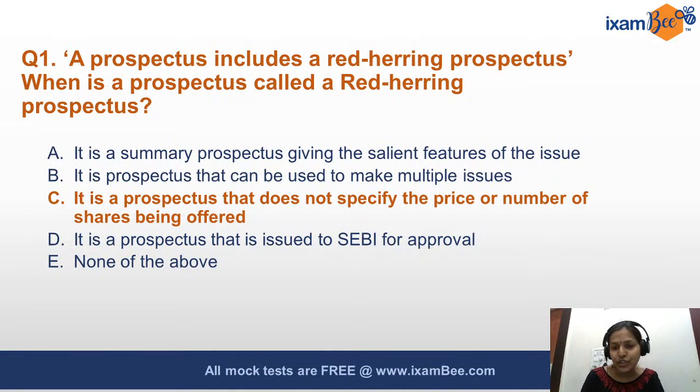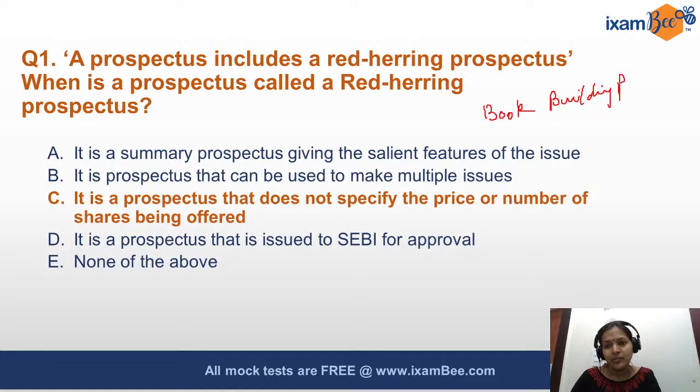If you hear the news of any IPO, a price band is given from this range to that range. You can apply. So that's why it's a red herring prospectus, and the process used is known as the book building process. A few more things I am adding here. The IPO which uses a red herring prospectus, the price is fixed through the book building process.